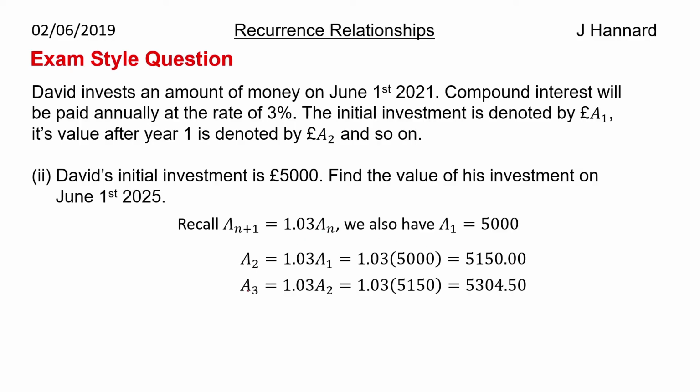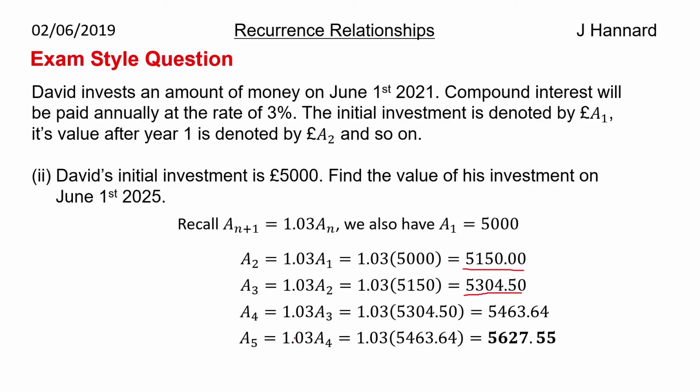So A3, similarly, we let n equal 2, so that becomes A2. A2 we've just worked out, so we sub that in there, and we get that. And similarly for A4, we get 1.03 A3, because n is 3 this time. We've just worked out what A3 is, we sub that in there, and we get 5463.64.